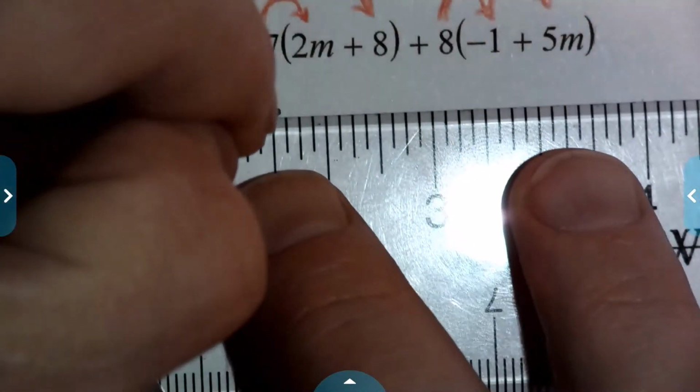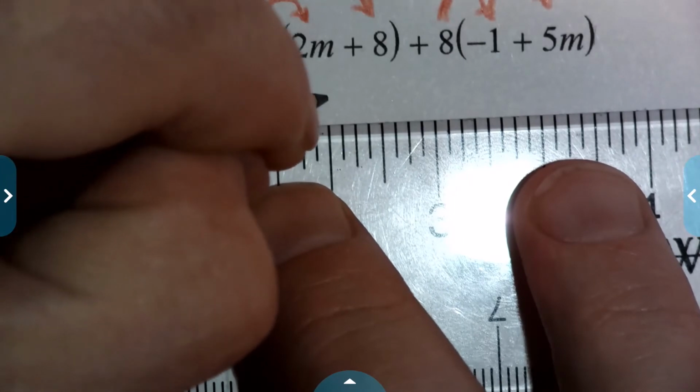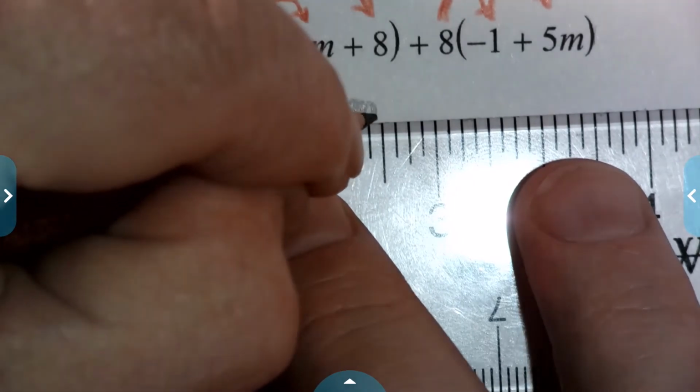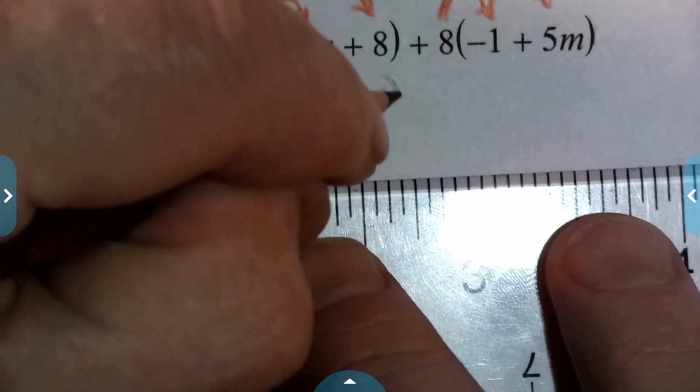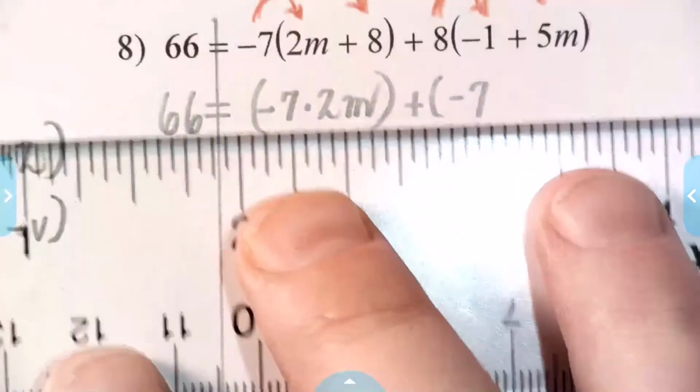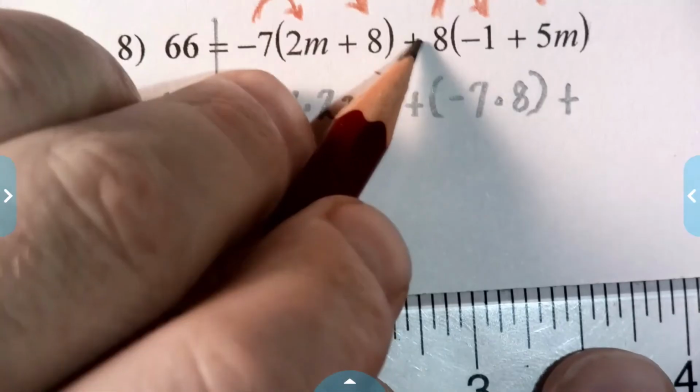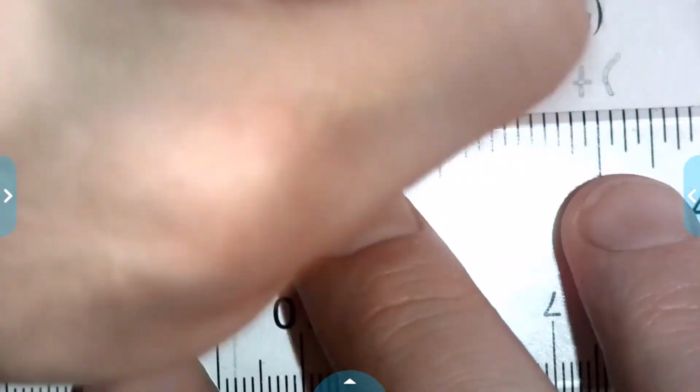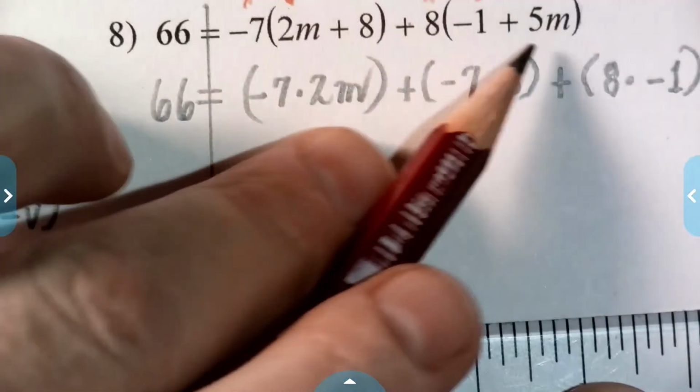Now I've got negative 7 times 2m plus negative 7 times 8 plus, now we're moving on to this one, 8 times negative 1 plus 8 times 5m.